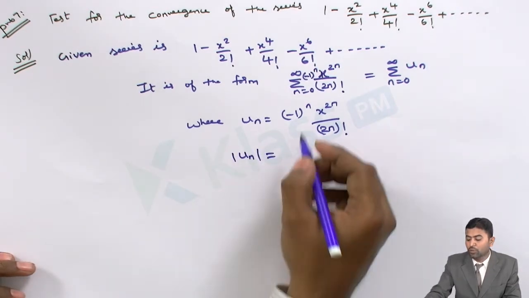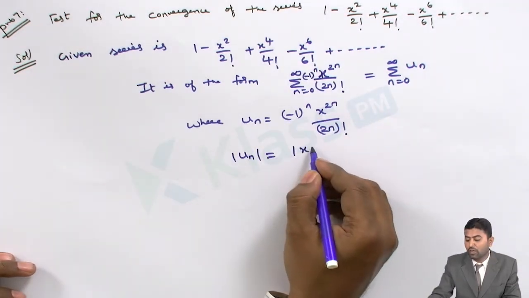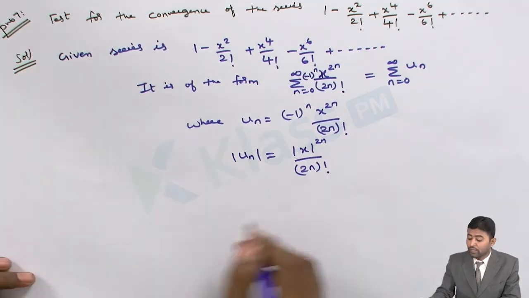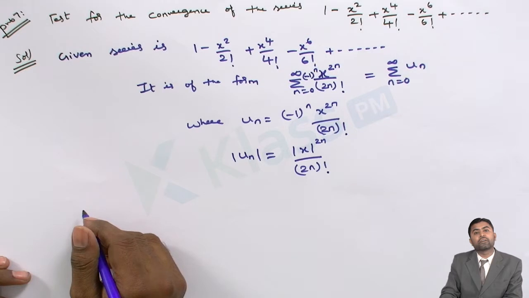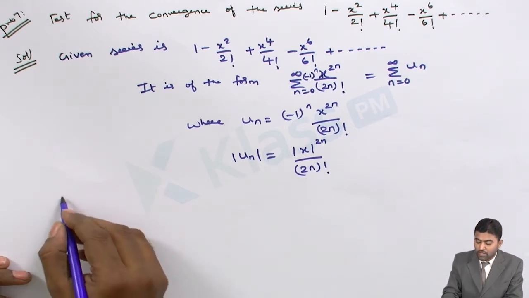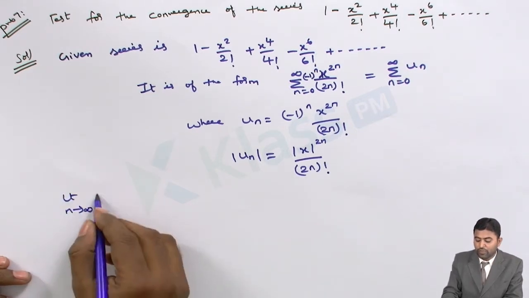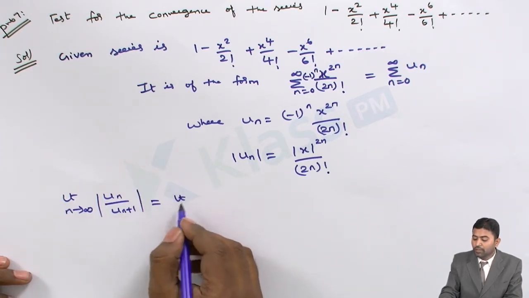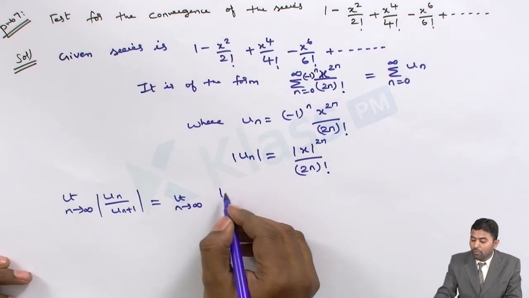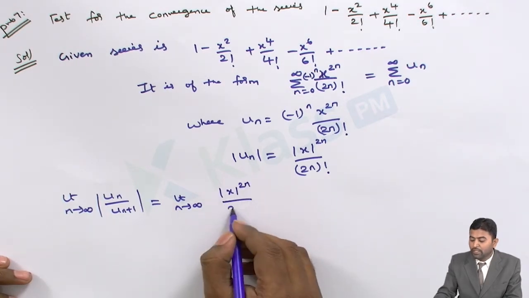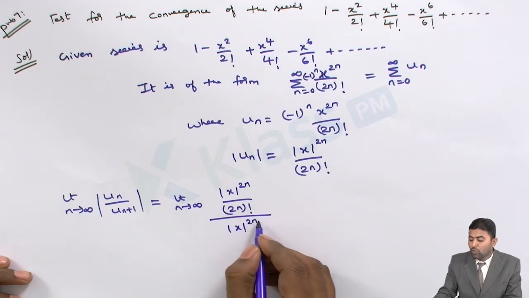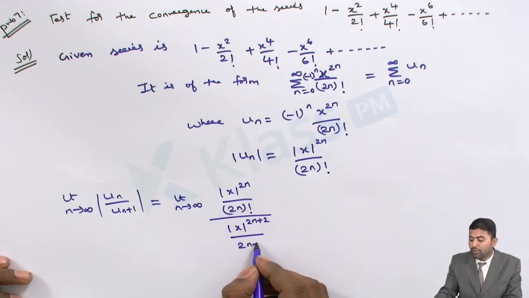Mod un is equal to mod x power 2n by 2n factorial. Then by applying again the D'Alembert's ratio test, we get limit n tends to infinity mod un by un plus 1 is equal to limit n tends to infinity mod x power 2n by 2n factorial by mod x power 2n plus 2 by 2n plus 2 factorial.